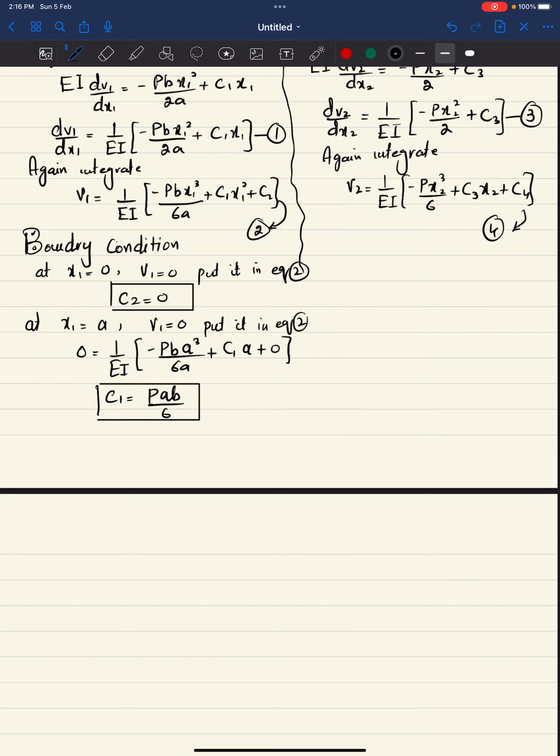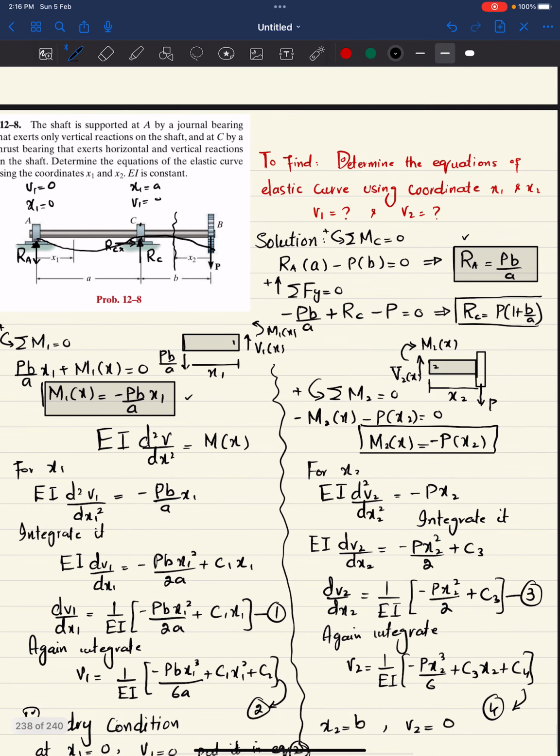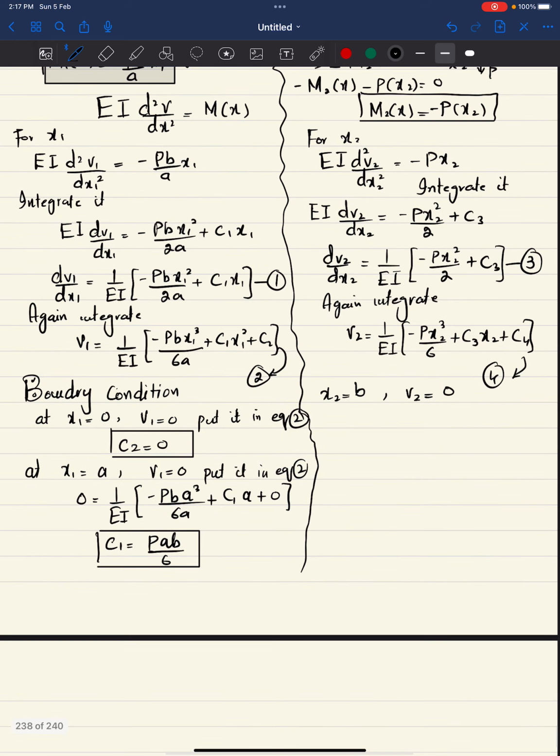Now we will move toward here. We will also use the boundary condition that at x2 equal to b, we have v2 equal to 0. Let me show you that here you have x2 equal to b, and our deflection v2 will be equal to 0. So we will put it in equation 4.